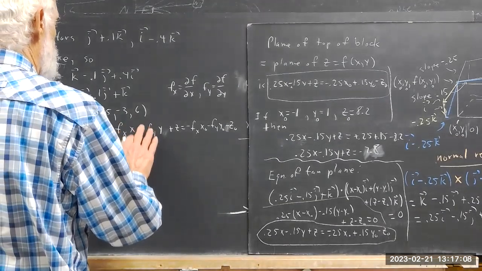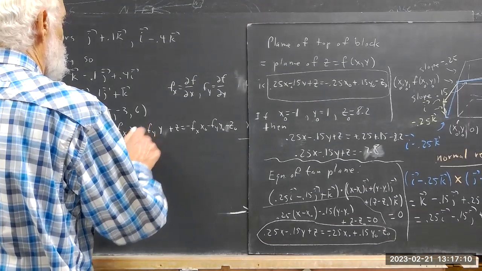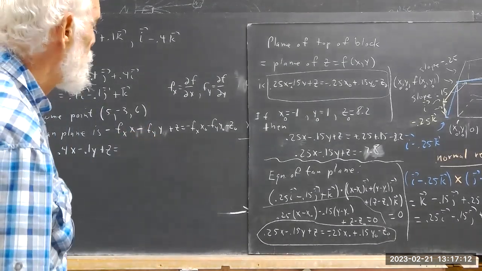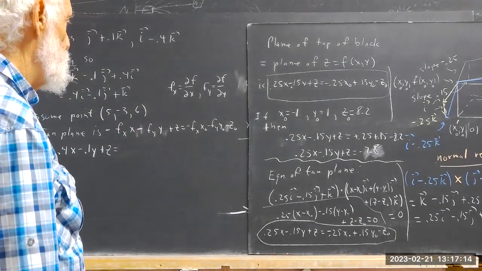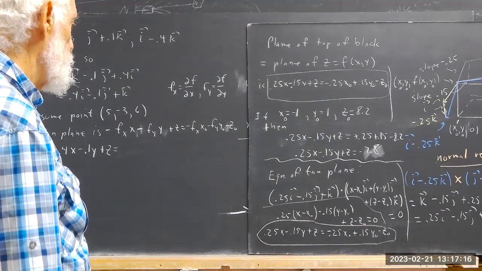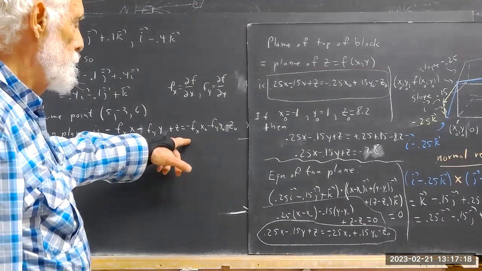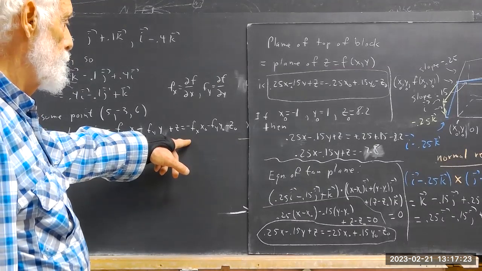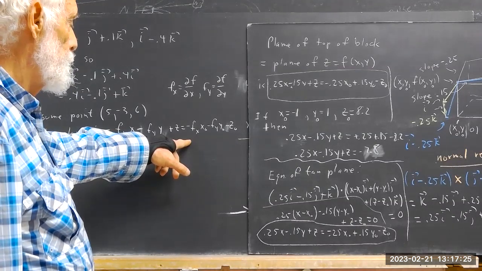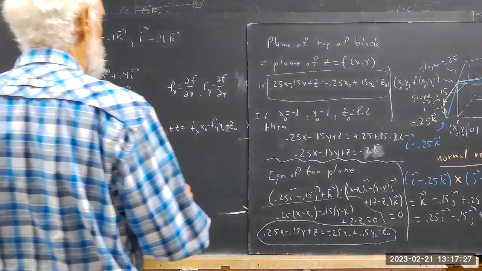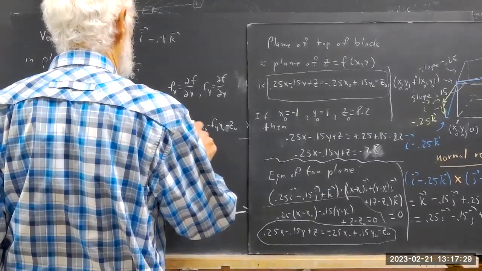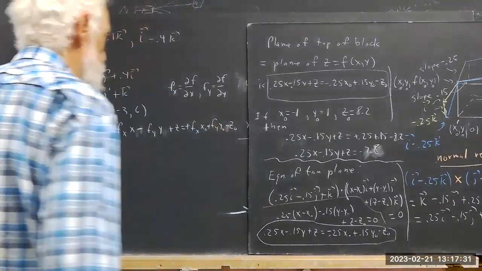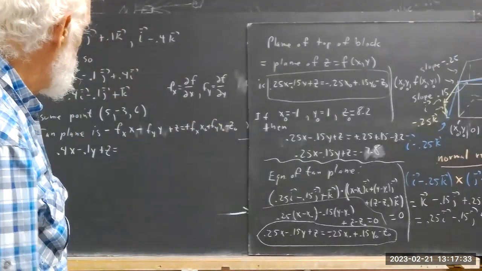That should be negative f x minus f y. And then this should be positive f x, positive f y. Okay.